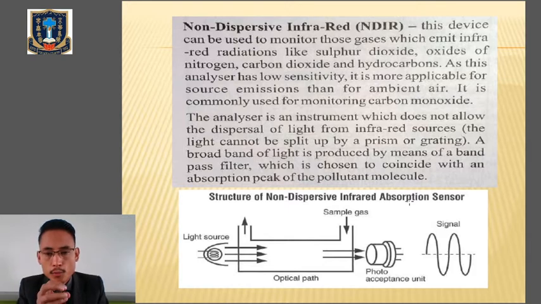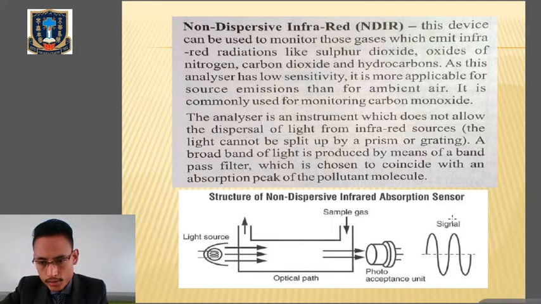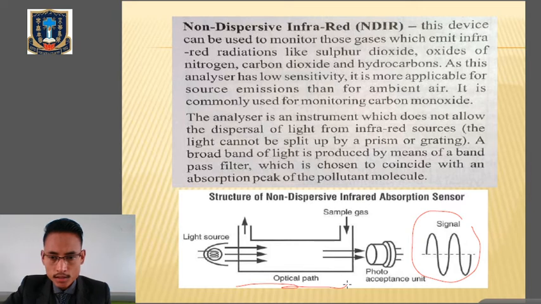When these gases pass in the form of a broadband light, the analyzer will produce a signal. You can see over here, a signal will be produced once the gases pass through this analyzer.